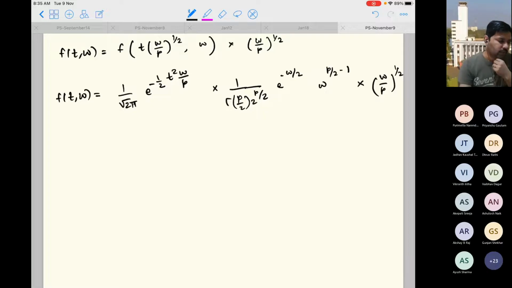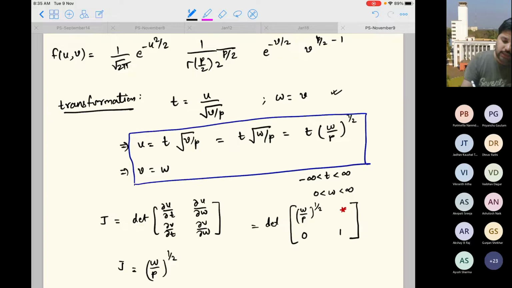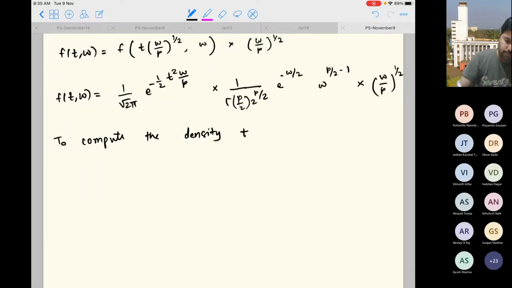So this is what you have. And once you have this, what I want to find out, we want to compute the density of T, right? So we want to compute the density of this random variable T. Correct.